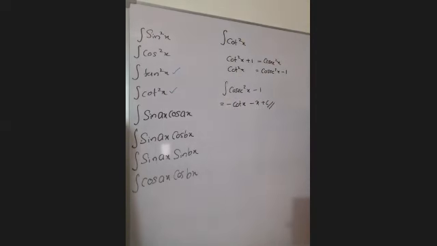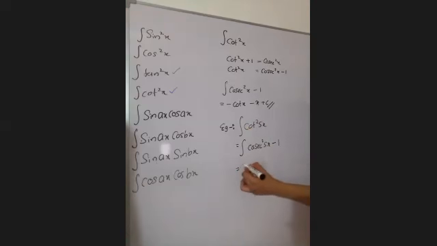If you go ahead with one example, if you want to integrate cot squared 5x, this is cosec squared 5x minus 1.